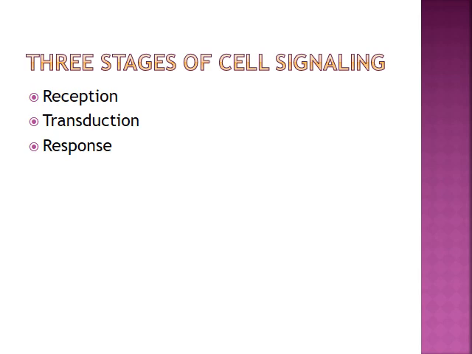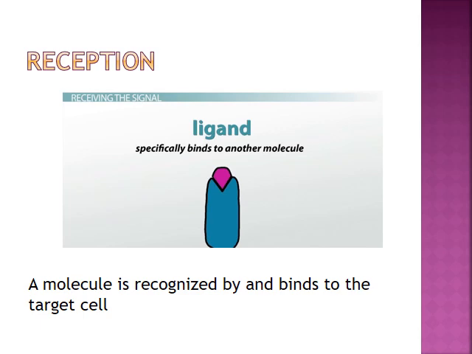Now we need to have a reaction of the cell to the signal. So you're going to have a reception, transduction, and response. 3 stages. You've got to receive the signal, change the signal a little, and then respond to the signal. So step 1 is reception. You get a signal molecule that a cell recognizes.